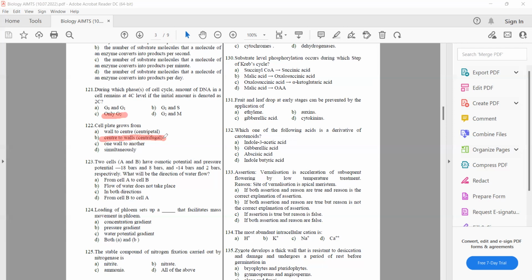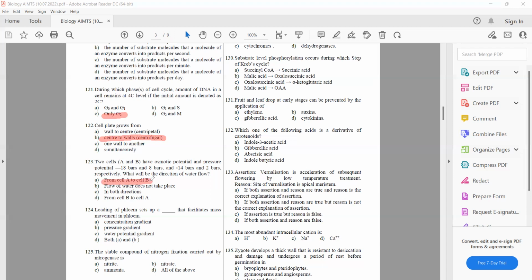For cell A, the water potential will be minus 10 bar, and for cell B, the water potential will be minus 12. Water moves from the higher water potential to the lower water potential. The higher water potential is minus 10 bar, so the water moves from cell A to cell B.